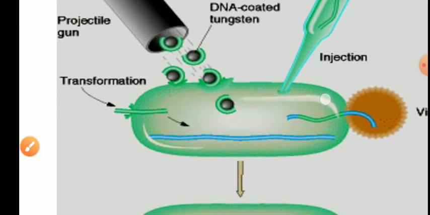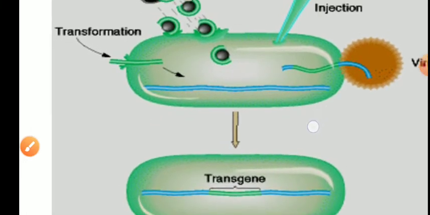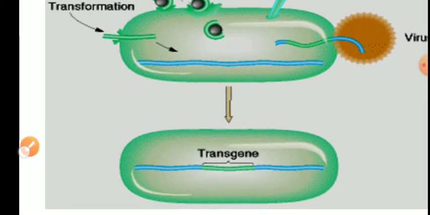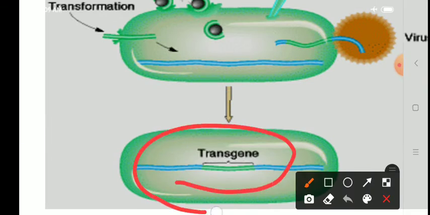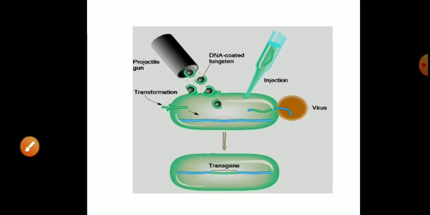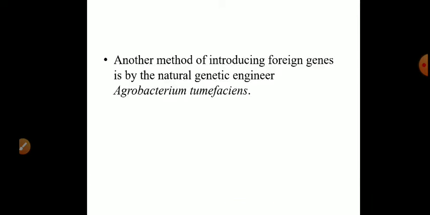So these are the various methods by which a foreign DNA or recombinant DNA can be introduced into the host organism. What we have written here is a transgene, that means the foreign gene to be cloned, inserted inside the bacterial chromosome, or actually present inside the vector. So that is all about the various methods used for introduction of recombinant DNA into host cells.